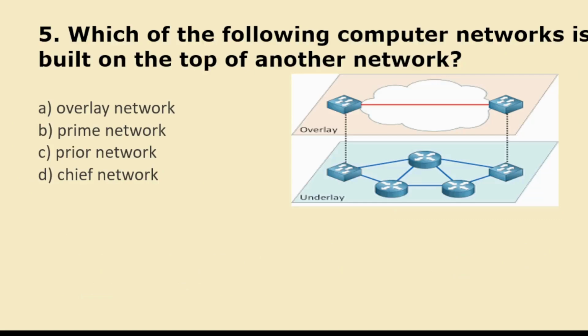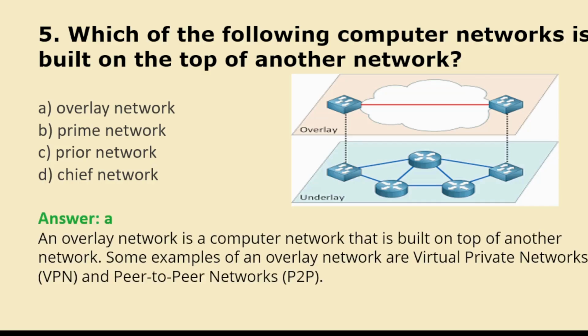Next question is, which of the following computer networks is built on top of another network? A. Overlay network. B. Prime network. C. Prior network. D. Chief network. So answer is A, overlay network. What is an overlay network? It is a computer network that is built on top of another network.